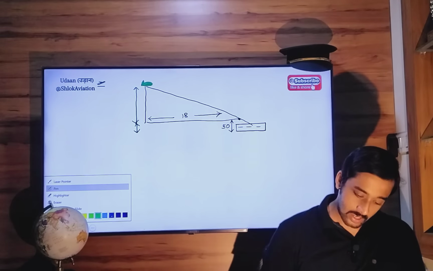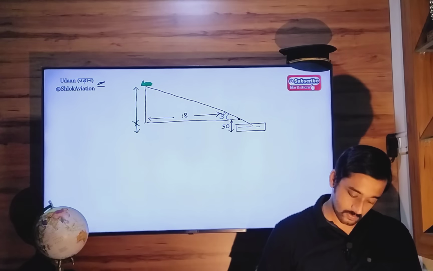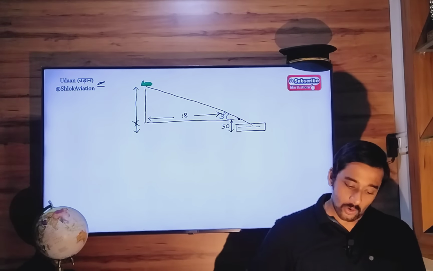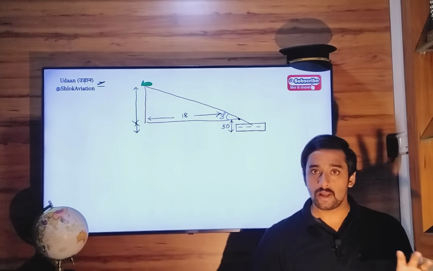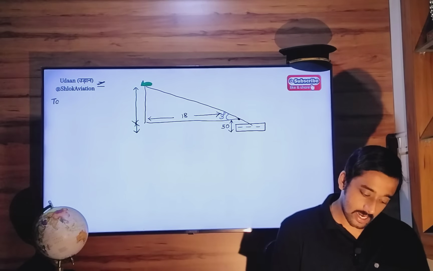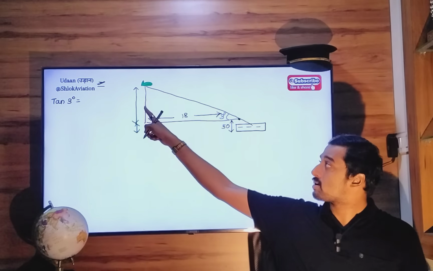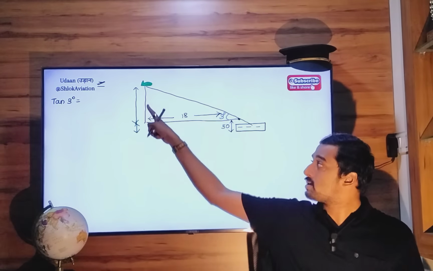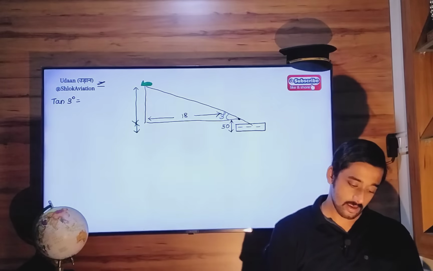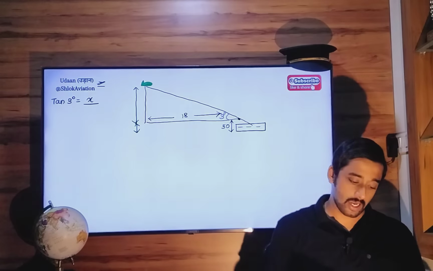Angle is 3 degrees. Glide slope. Now we are going to use 1 in 60 rule formula, or we can use trigonometry. We will use both. So tan of 3 degree is opposite side. Opposite of 3 degree is this side, which is the height of aircraft above 50 feet from the runway. So x. Adjacent side, which is 18 nautical miles.